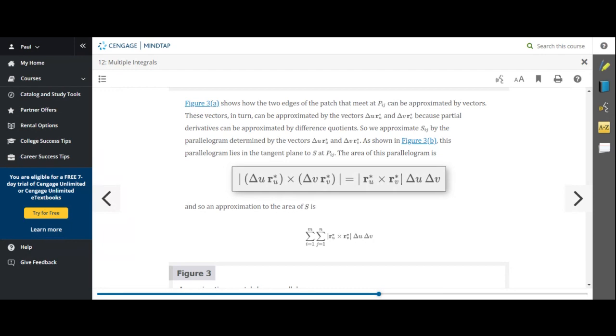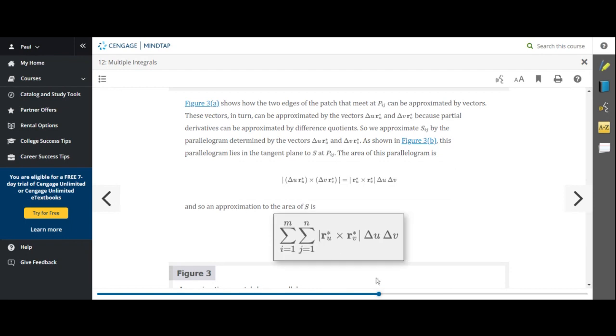If there are scalars multiplying each vector, you can just factor those out. And so an approximation of the area of the patch can be given by, amazingly, this double Riemann sum.